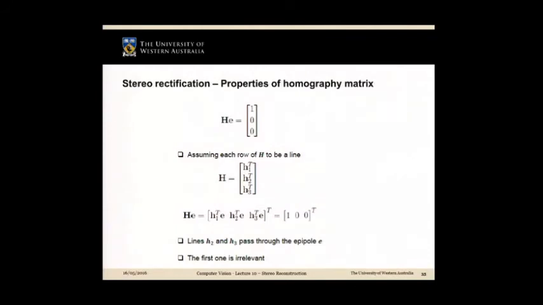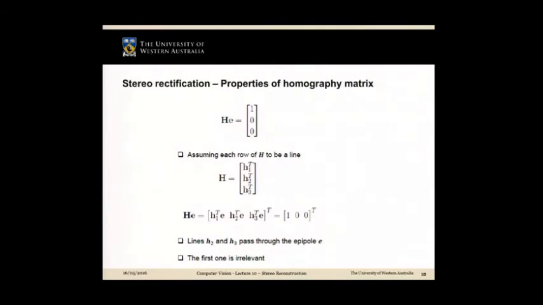And each line has the epipole on it. When you multiply them, you will get this sort of expression. And in this particular expression, the first entry is irrelevant, but the last two are relevant. Lines H2 and H3 pass through your epipole E, because we are getting 0 here, right? And it represents that they are at infinity.